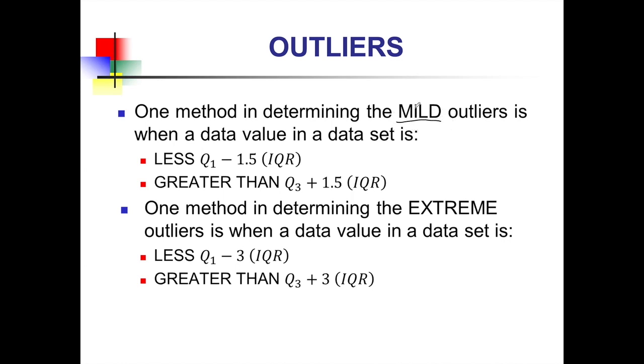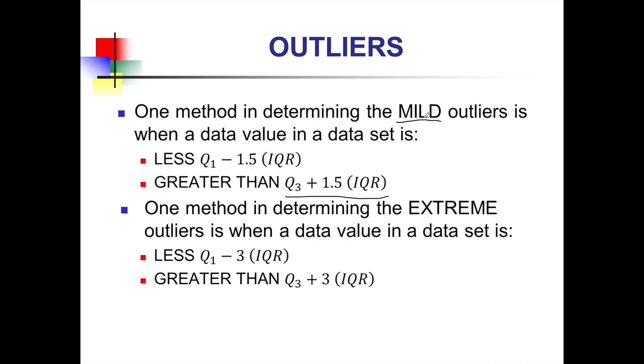Now, the same goes with the greater value that we get from this formula, which is Q3, or the third quartile, plus 1.5 multiplied by the interquartile range. If the specific value is greater than this formula, that is also a mild outlier. I hope you get it.